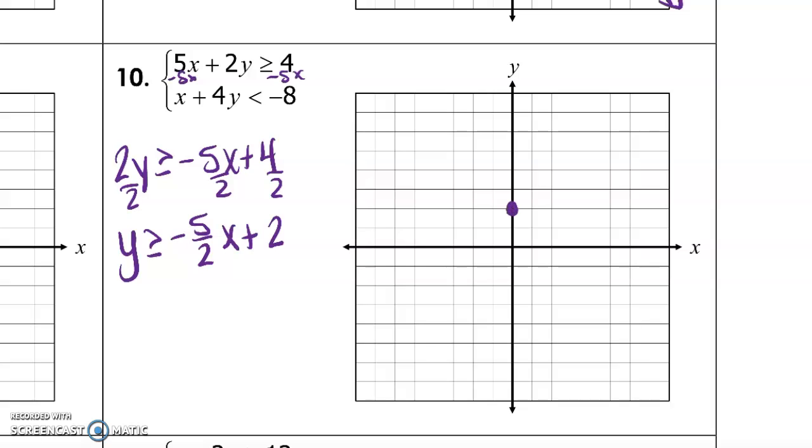So I start up 2, and then down 5 and right 2. I could go up 5 and left 2 if I wanted to. This one will be a solid line. Greater than would be up above.